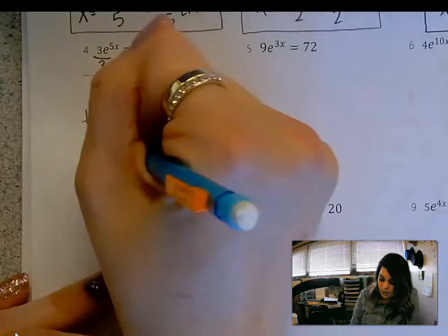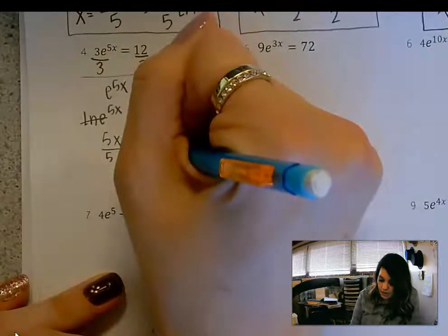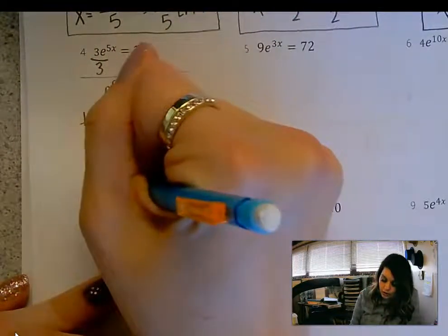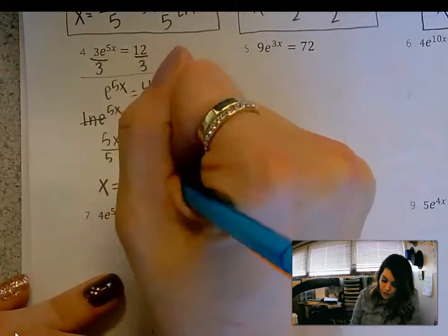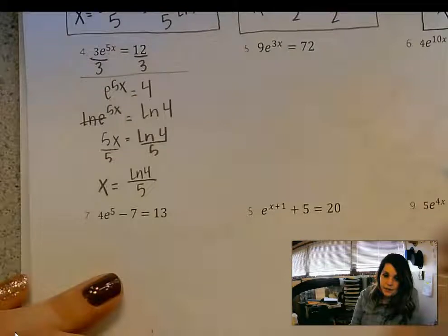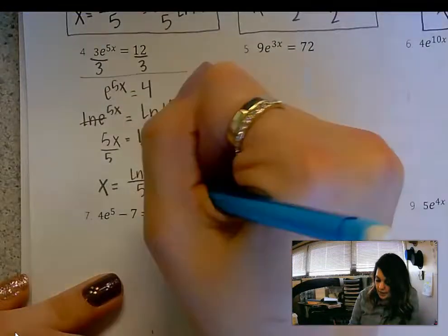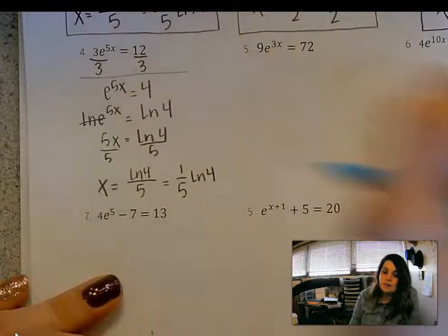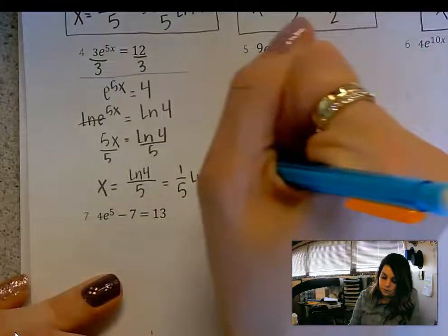Now we divide both sides by 5, and x equals the natural log of 4 over 5, which is the same thing as 1 over 5 times the natural log of 4.